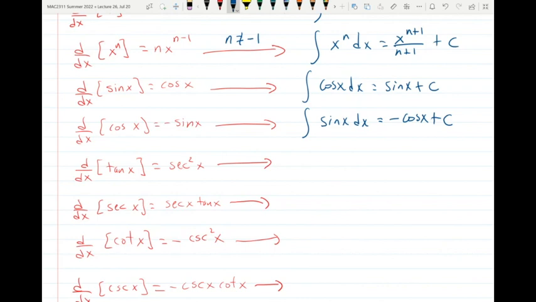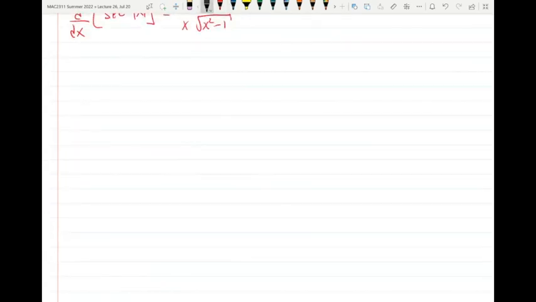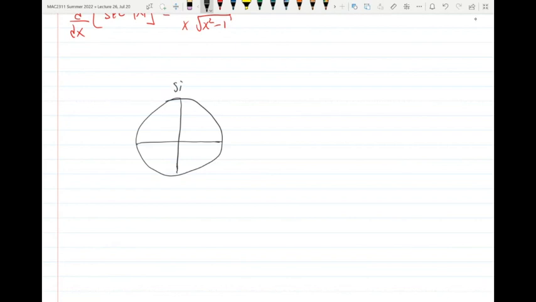You okay with this? So I don't know if this may be helpful or not, but I guess I'll show it to you. There is this little picture that you can think about to have that clear. You draw a little circle, and up here you put sine, here you put cosine, then negative sine, then negative cosine. Okay?